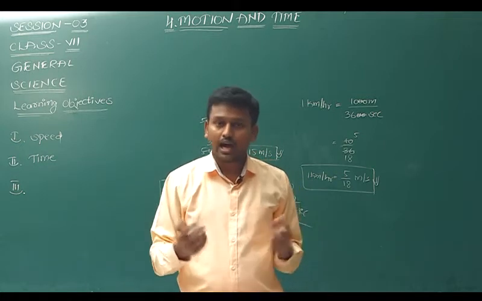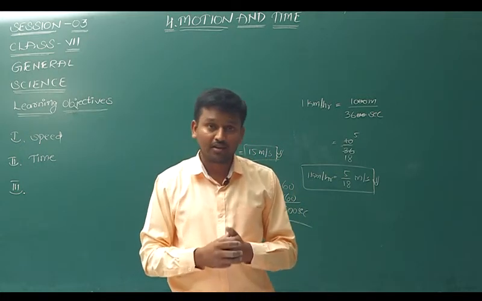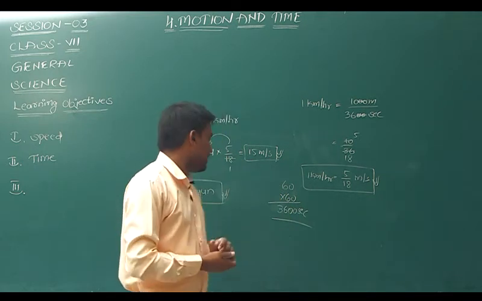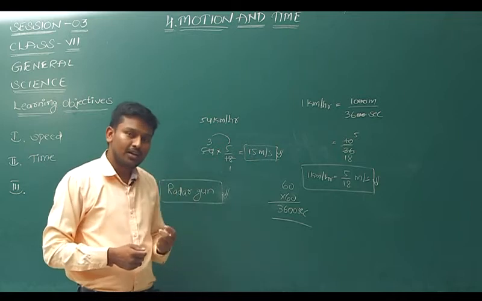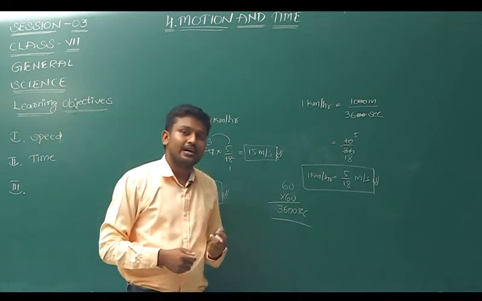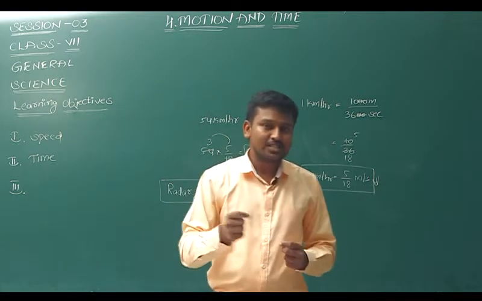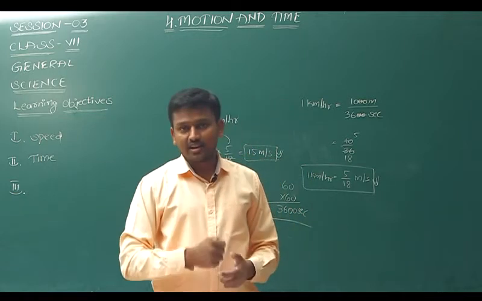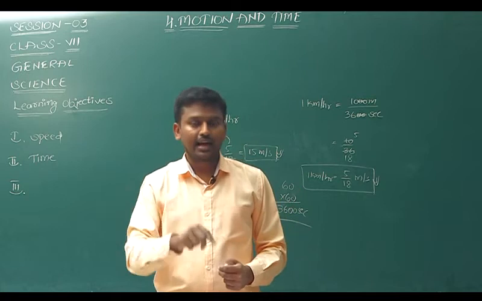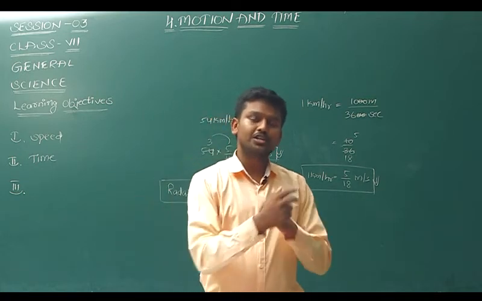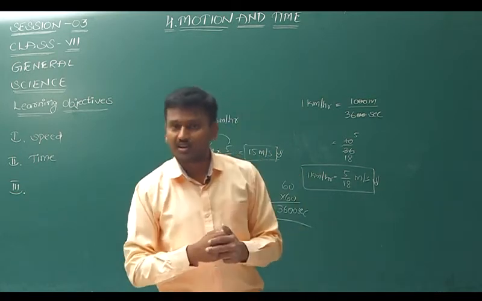Within seconds, how can they measure the speed of the bowling? Yes, in the same way they use radar guns to measure the speed of the bowling and the speed of the vehicle, and we call these speeds instantaneous speed. Instantaneous means at that time at what speed the object is moving. So, we can measure it with the radar gun.